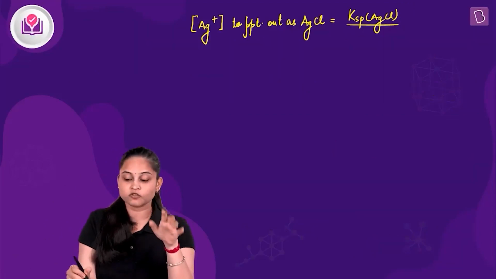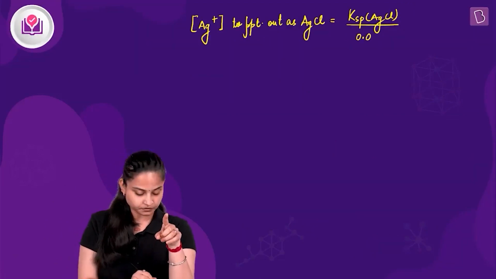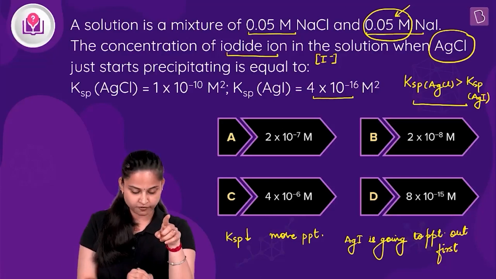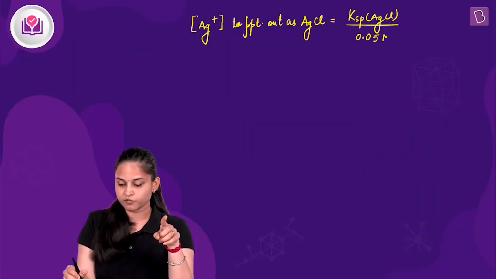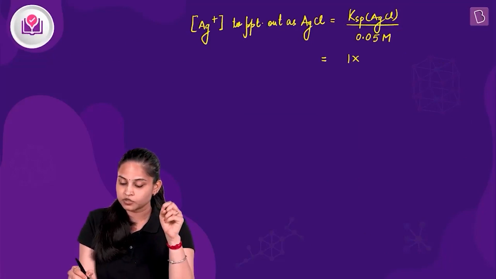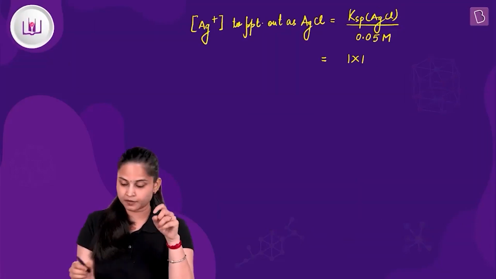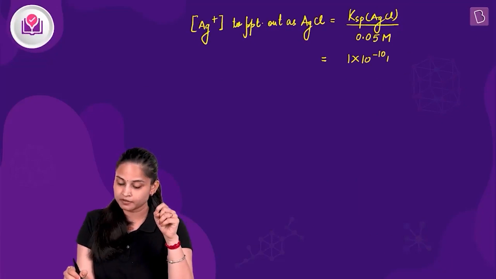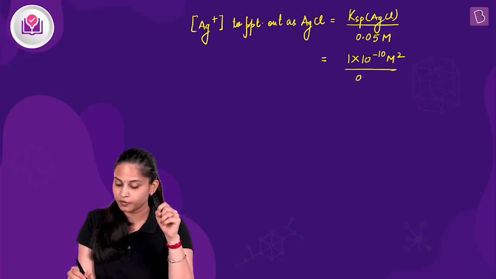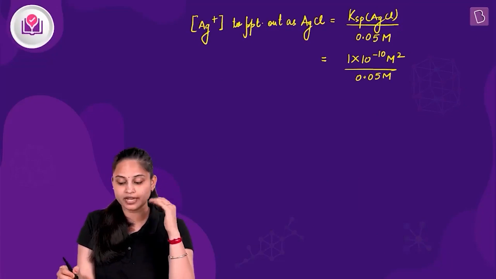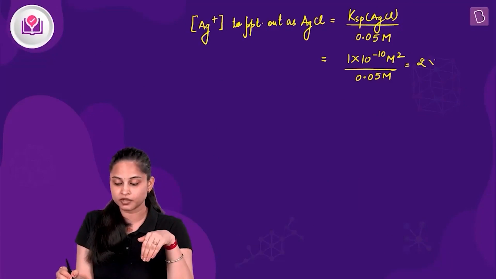That's cool. So it's 0.05 molar. Ksp is 1 × 10⁻¹⁰ molar square, upon 0.05 molar. When you calculate this, you will get the answer as 2 × 10⁻⁹ molar.